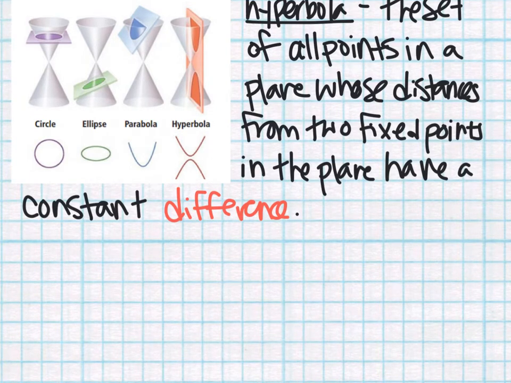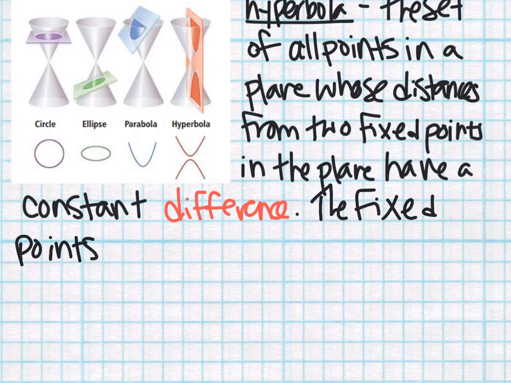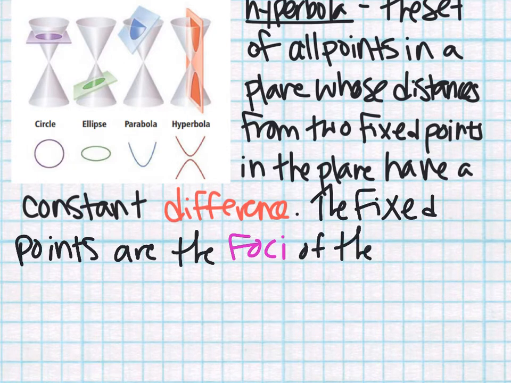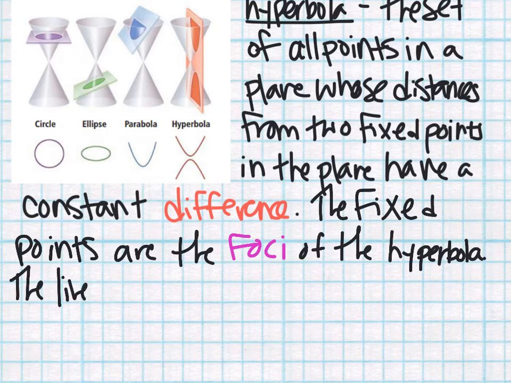So these fixed points are the foci of the hyperbola. The line through the foci is the focal axis.